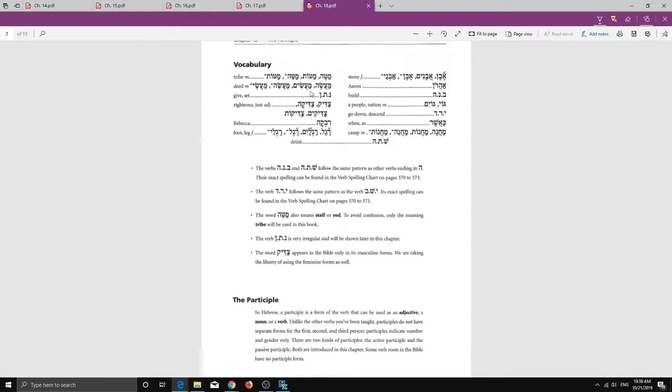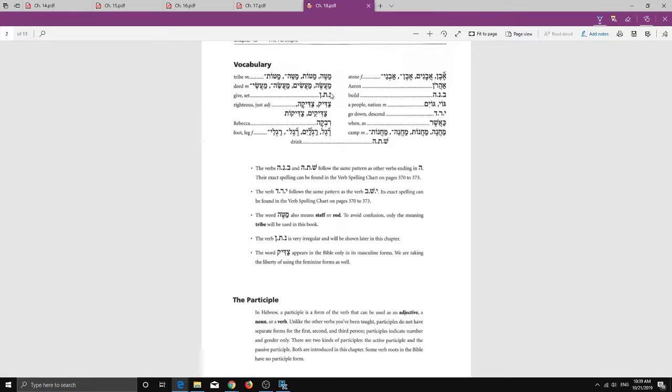Ma'aseh, ma'asim, ma'aseh is deed. And you can see we actually have our noun, ayin, sin, hey, asa, to do or to make. So this is something that is done or made. So we might say in English a deed, something you've accomplished, I guess.